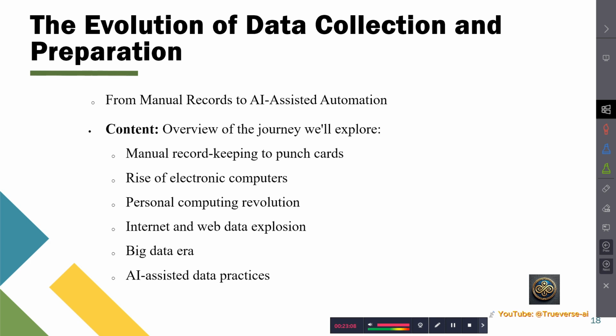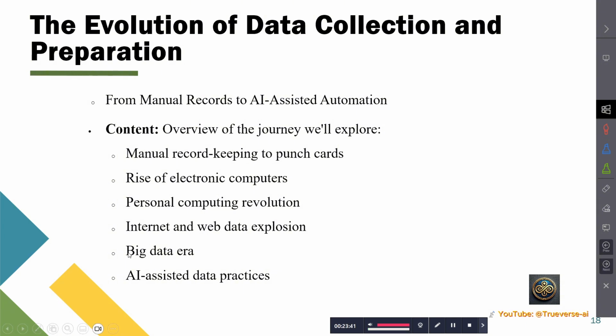We see manual records simply leading to the development of punch cards and early processing. With the rise of electronic computers, data handling became faster and more efficient. Personal computers revolutionized data collection and accessibility. The internet and web data exploration opened doors to an unprecedented amount of data.